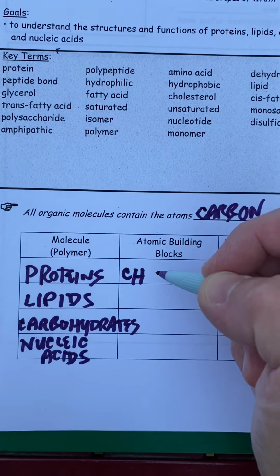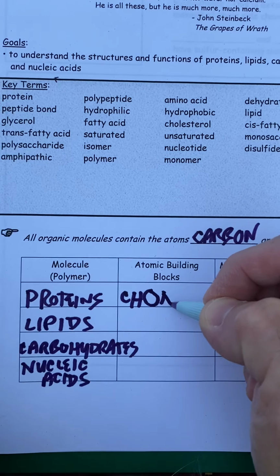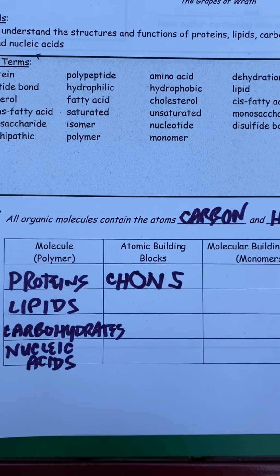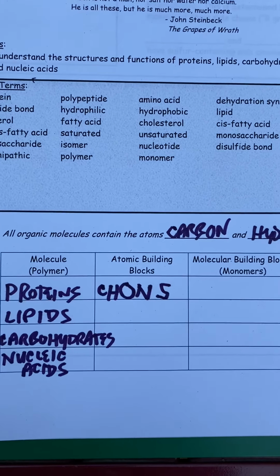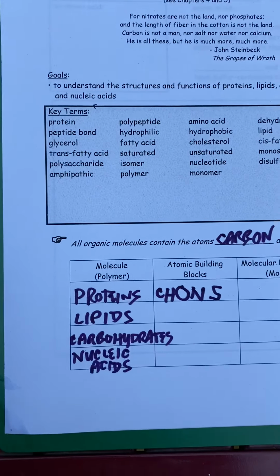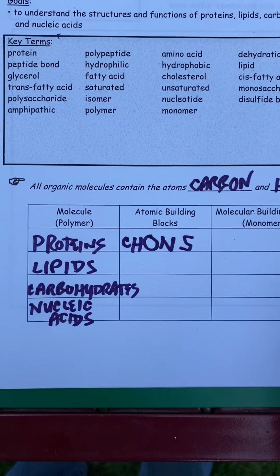But I'm also going to need some oxygen atoms, some nitrogen atoms, and some sulfur atoms. So I just put the chemical symbols from the periodic table of carbon, hydrogen, oxygen, nitrogen, and sulfur. All of those are going to be needed. Why? We're going to see why when we start covering proteins in some detail in the next couple of videos.